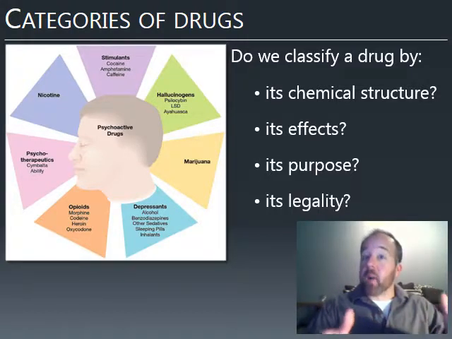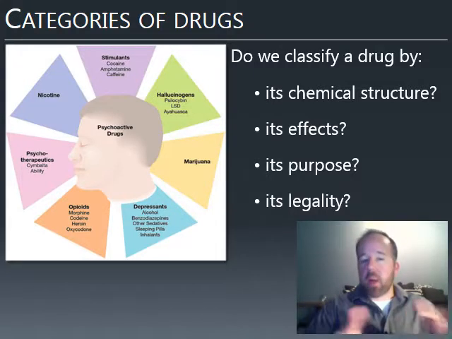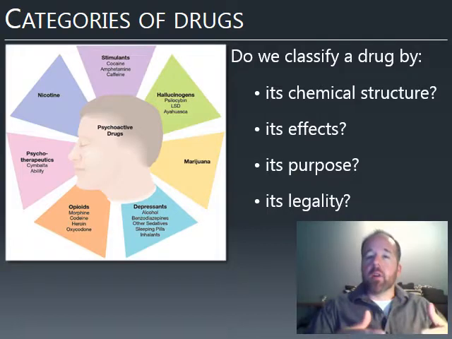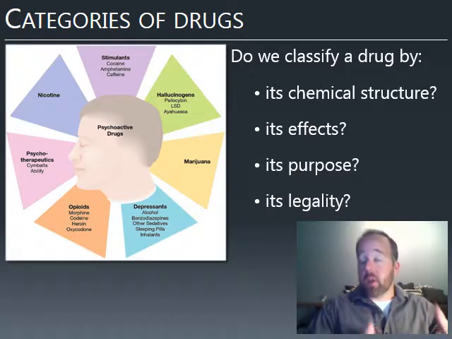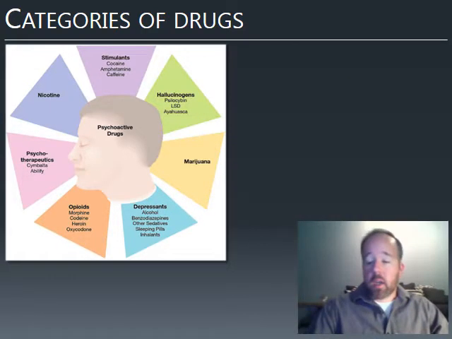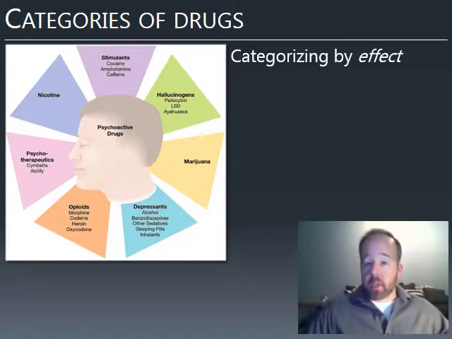Again, it's sort of a binary explanation. And there are lots of different drugs and lots of different things that drugs do. And here we're interested really in behavior. This is a drugs and behavior course. So what we're going to do is categorize drugs for our purposes by effect. What the drug does to the body, to the brain, to behavior.